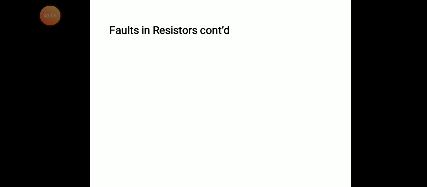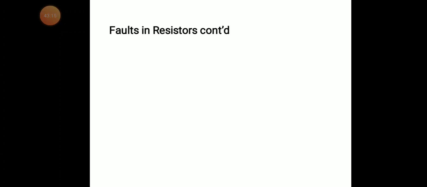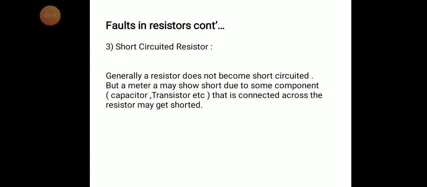The third one is the short circuited resistor. Generally, a resistor does not become short circuited, but a meter may show a short due to some component connected across the resistor being shorted.